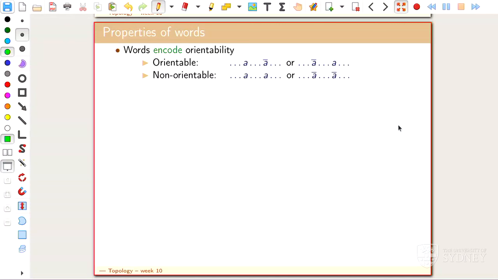The AA pattern is a projective plane, so that forces everything to be non-orientable. So really just the first thing you do, if you see a polygon, write down its word.